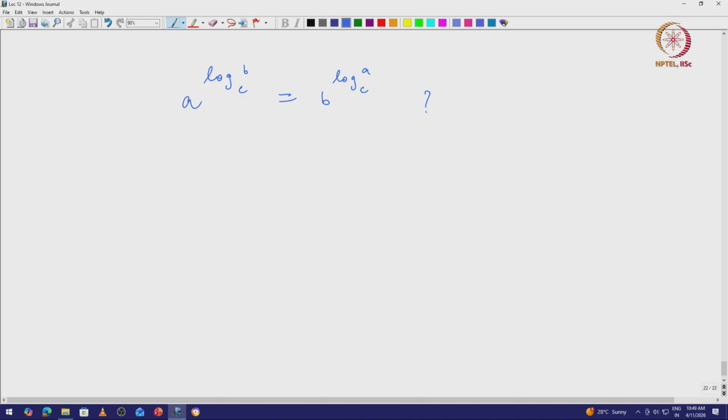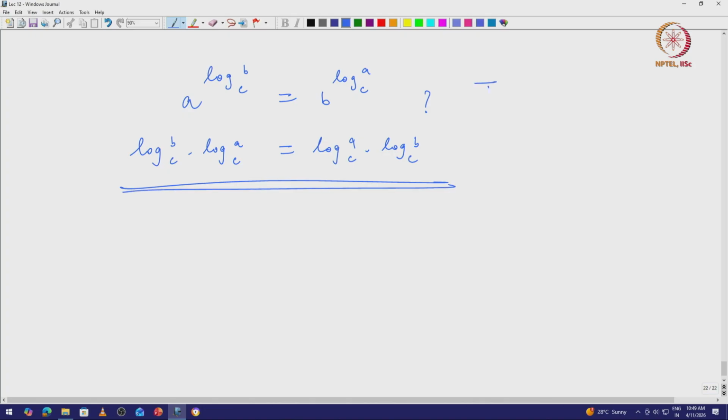You take log to the base c on both sides, you see that the left hand side you get log b to the base c times log a to the base c, and that will be equal to, obviously, log a to the base c times log b to the base c.